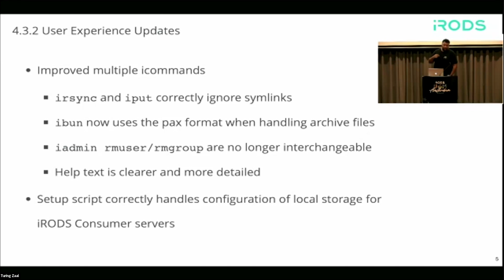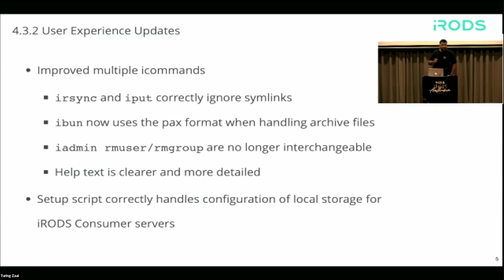With iRsync and iPut, they now correctly ignore symlinks. iBun now uses the PAX format when handling archive files. I think this is mostly about removing the size limitations on archive files, so that anyone who ran into that type of issue before should no longer have that issue when you upgrade to 4.3.2. If you do, please let us know.